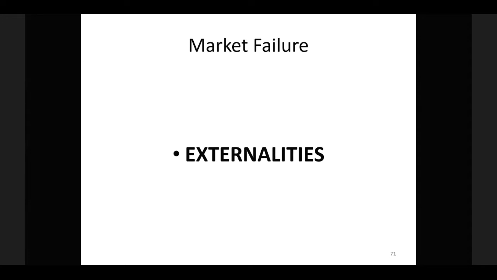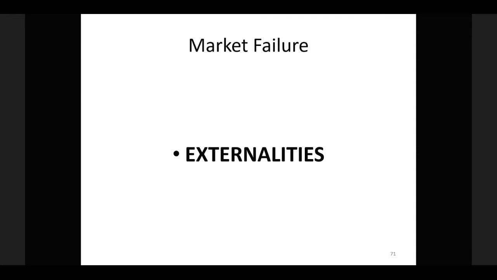Efficient output is usually the output that satisfies the product mix, where the output that is desired by the consumers is what the firms are producing. We call it the product mix efficiency. So if the consumers desire, let's say 3,000 units and the firms are producing 3,000 units, then we have that kind of efficiency, market efficiency.